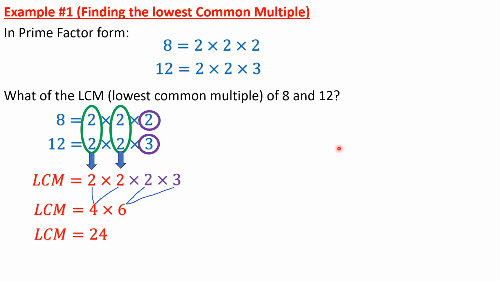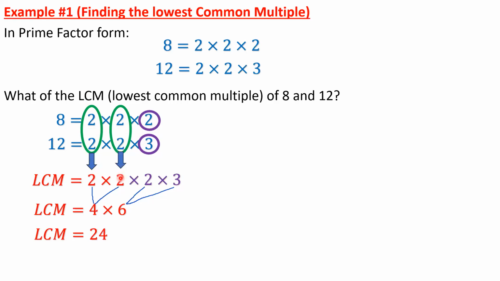We got 24 first because we have to find the prime factors. We have to use the prime factors to get the common multiple. So the prime factors for 8 is 2 times 2 times 2. And the prime factors for 12 is 2 times 2 times 3. Then we group the common set first. The common set is 2, and then the next common 2.